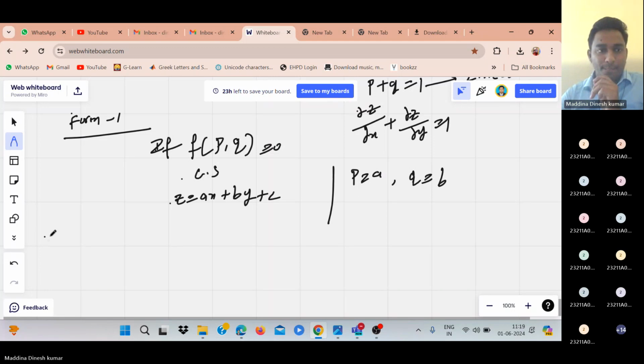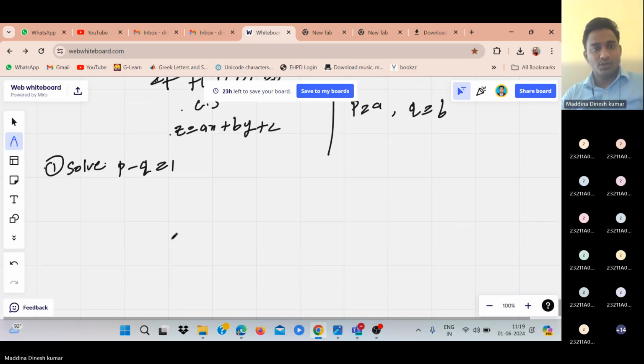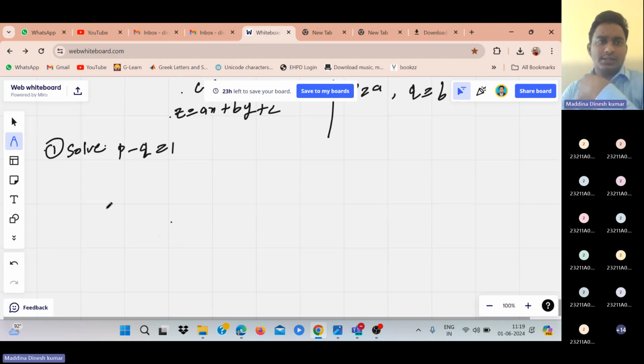First one. Solve p minus q equal to 1. Answer: consider it as equation number 1.